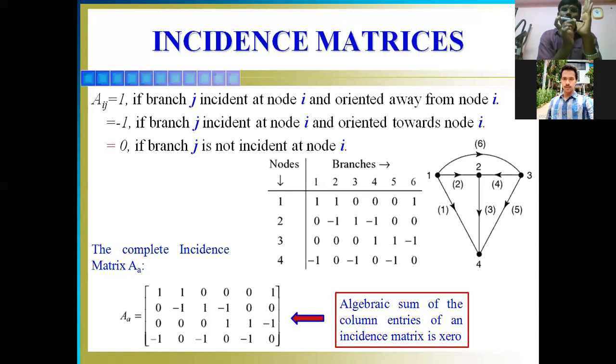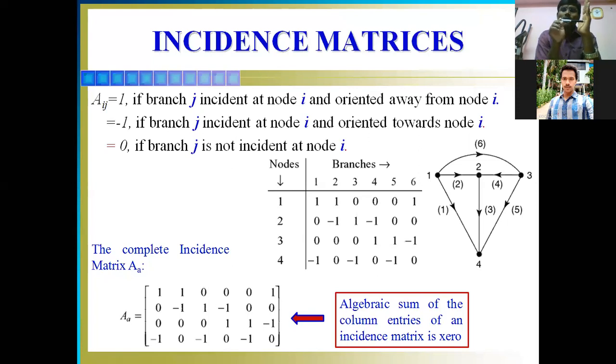If the current flowing through this branch is away from the node, then that element value is equal to plus 1. It is minus 1 if branch j is incident at node i and is oriented towards node i.